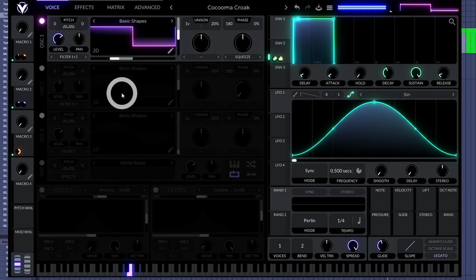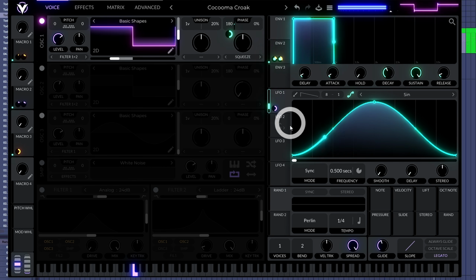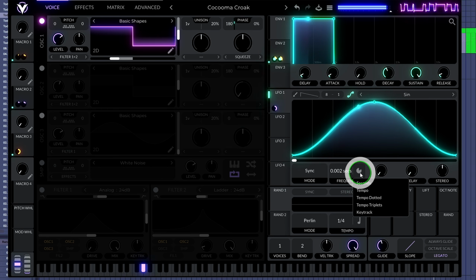One way of changing its symmetry is we could take an LFO, have it wobble the phase, and if we make it wobble that phase fast enough, we start to hear other notes, other pitches. Or if the synth supports it, we can have this wobble as fast as the pitch that is being triggered.